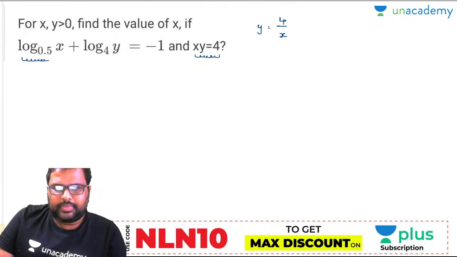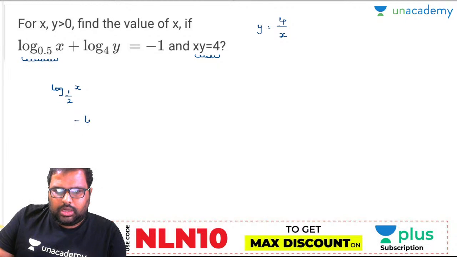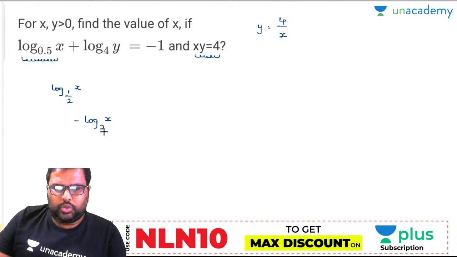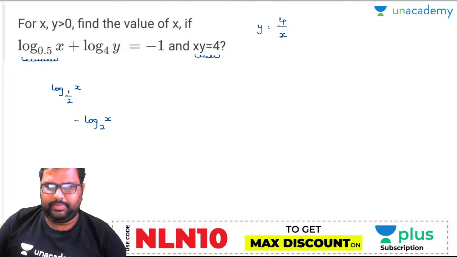Can I write this as log base 1 by 2 of x equal to minus log base 2 of x? Because 1 by 2 I can write as 2 to the power of minus 1. This minus 1 will come to the left hand side. Please let me know yes or no.